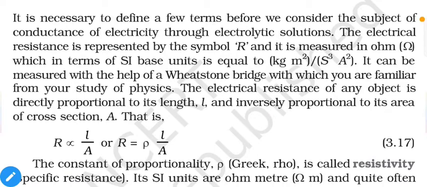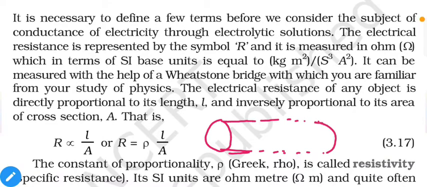The electrical resistance of any object is directly proportional to its length and inversely proportional to the area of cross section A. So our equation will be R is directly proportional to L and inversely proportional to the area of cross section. Consider it this way: suppose you have a piece of wire, this is the area of cross section, and this is the length of the wire.